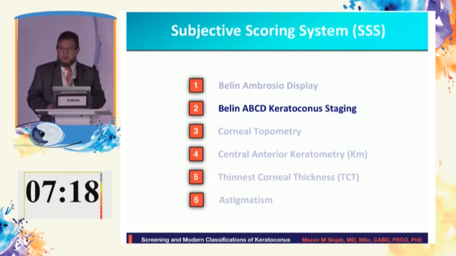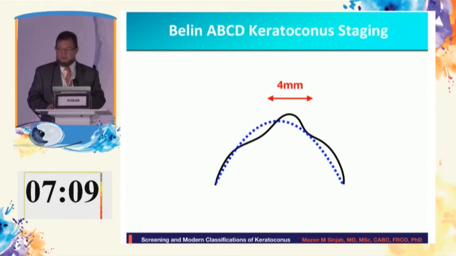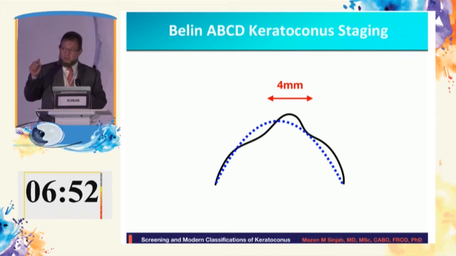Now, regarding the newest or the most modern staging of keratoconus is the Bellin ABCD keratoconus staging. It depends on the principle of studying the bulging on the anterior and posterior corneal surfaces that we usually find in keratoconus in the 4 millimeter zone centered with the thinnest location.